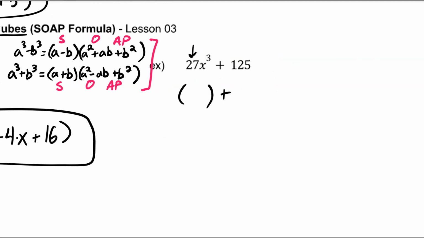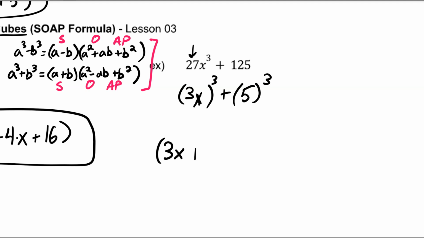But I think to myself, what would I cube to get 27? It would just be 3. So I'd have to cube 3x to get 27x cubed. And 125 is a perfect cube as well. That's just 5 cubed. Again, you could check in your calculator if you don't have those memorized. This is a sum of cubes, so I'm going to use that bottom formula now.